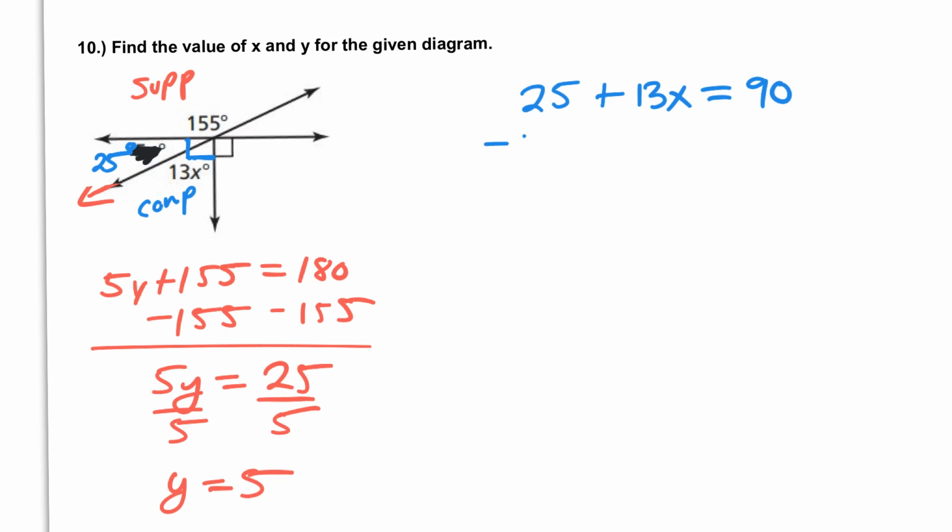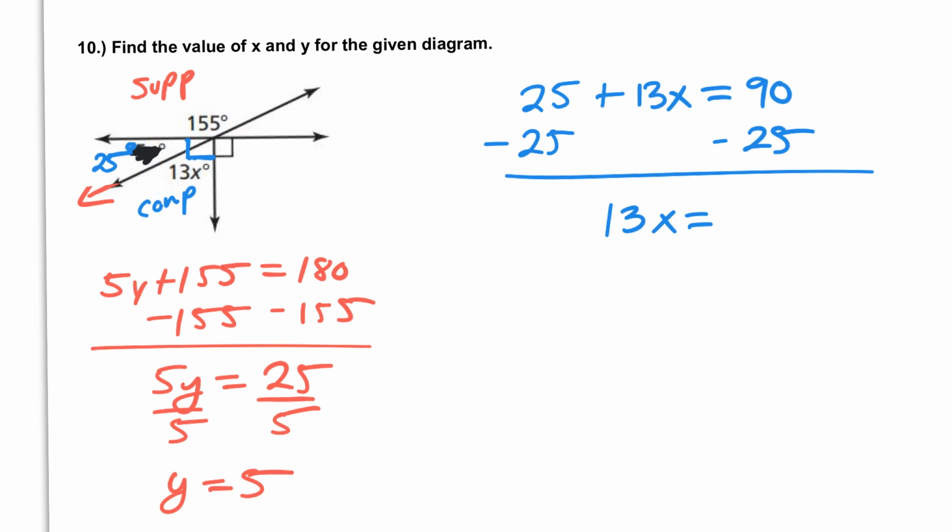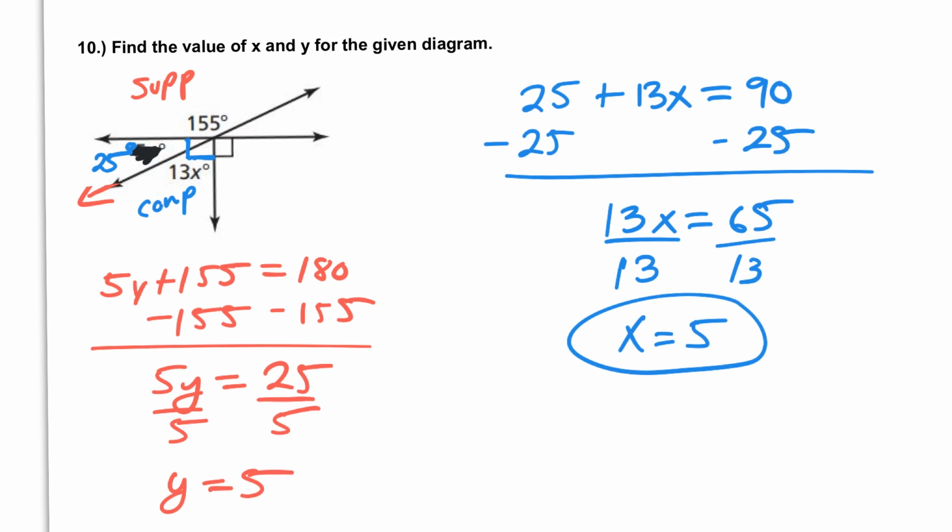Our next step would be to subtract 25 from both sides, which gives us 13x is equal to 65. And if we divide both sides by 13, x is going to equal 5 there. So y ends up being 5 and x ends up being 5 there. But we're just using our definitions of supplementary and complementary angles there to help us find those missing angles.